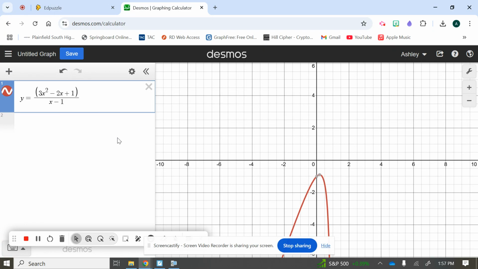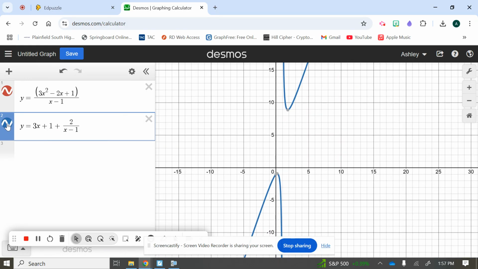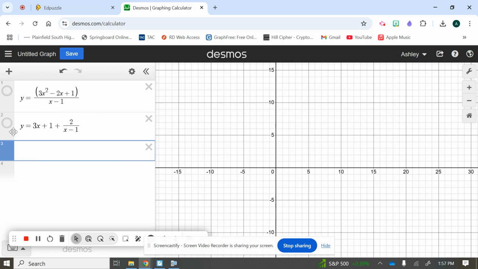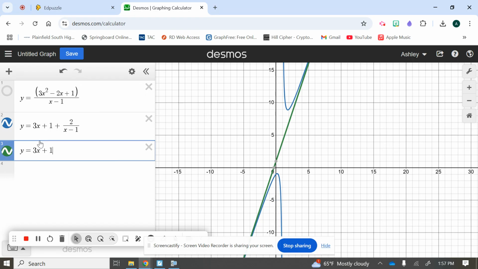When we rewrite this as y equals 3x plus 1 plus 2 divided by x minus 1, this is the exact same line, whether it's the blue or the red. It's just written slightly differently. What the second one allows us to do, though, is see the equation of the line that we are following along, in this case, that slant of 3x plus 1.